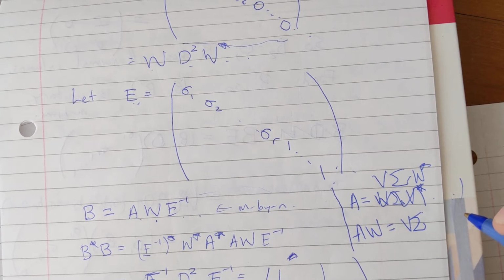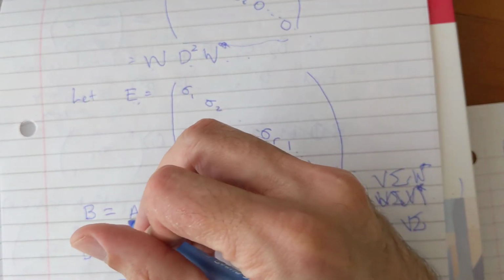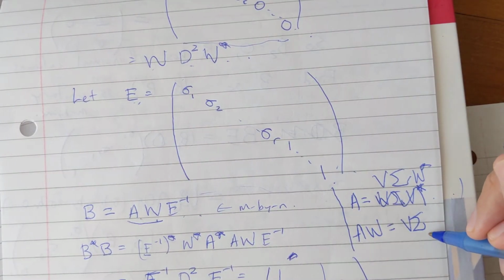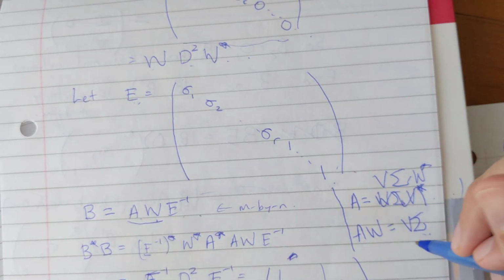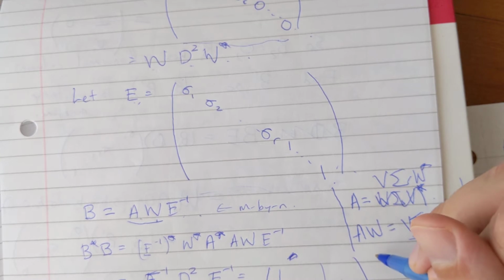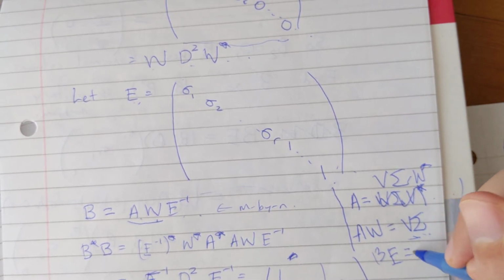Okay. So we want AW to be V sigma. So we want to write B in terms of, let's see, what do we want to do? Our goal should be to show that B times E equals V sigma.